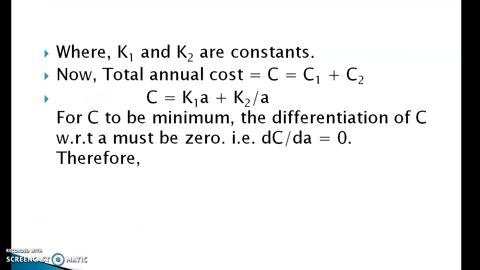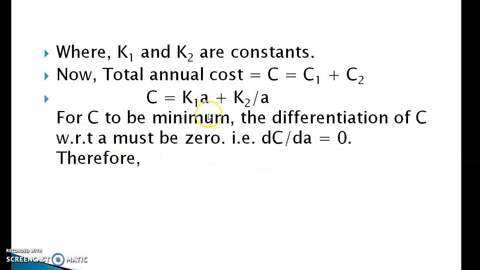Now total annual cost C is equal to C1 plus C2, that implies C is equal to K1 into A plus K2 by A. For C to be minimum, the derivative of C with respect to A must be 0.